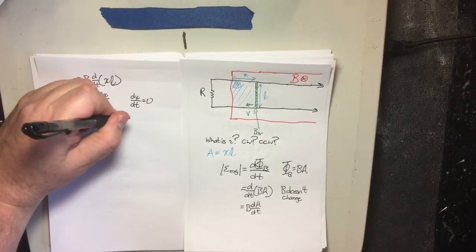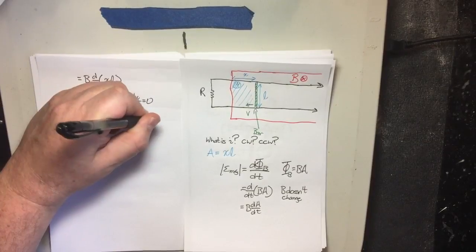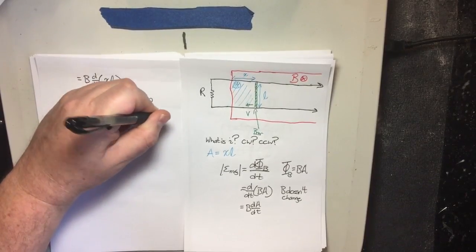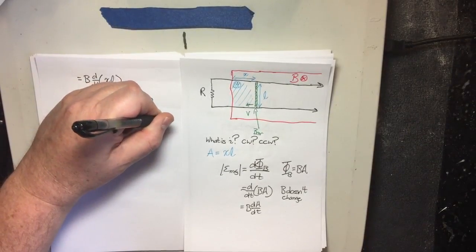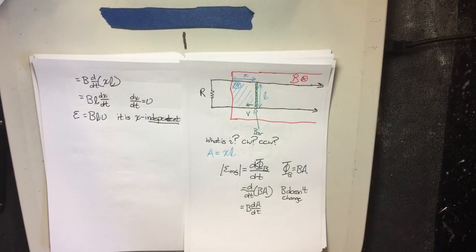It is X independent, whatever. It doesn't matter what that depth is. What does matter is the change in X, the velocity. A lot of times when assigning a problem like this, I'll give you X. Just say X is 5 meters.